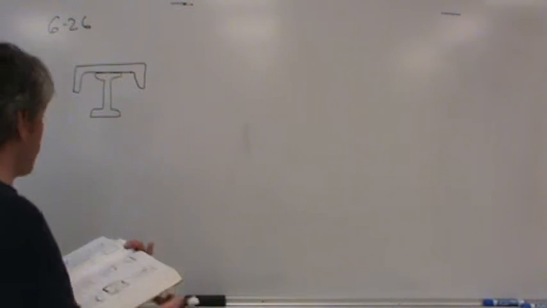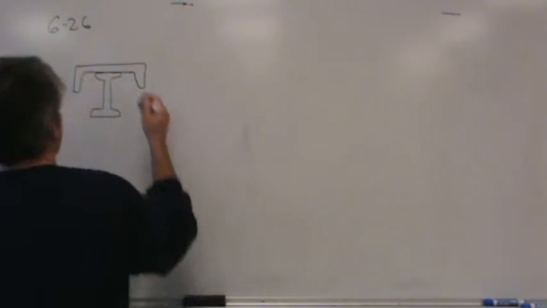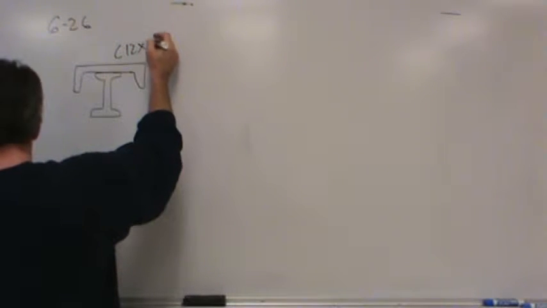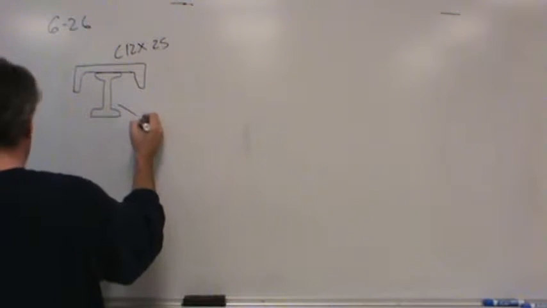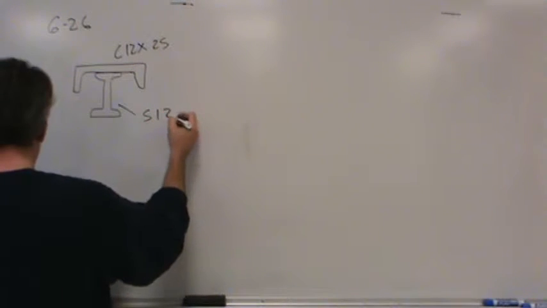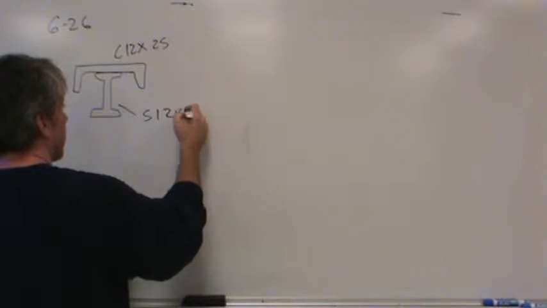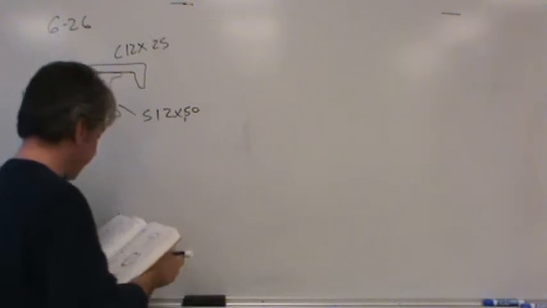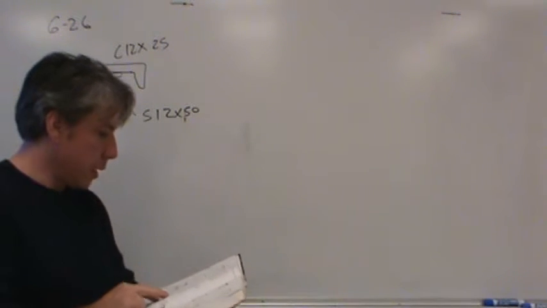So anyway, we've got 2 steel pieces. The top one is C12 by 25. The bottom one is the S shapes, which are I-beams, 12 by 50. Okay?